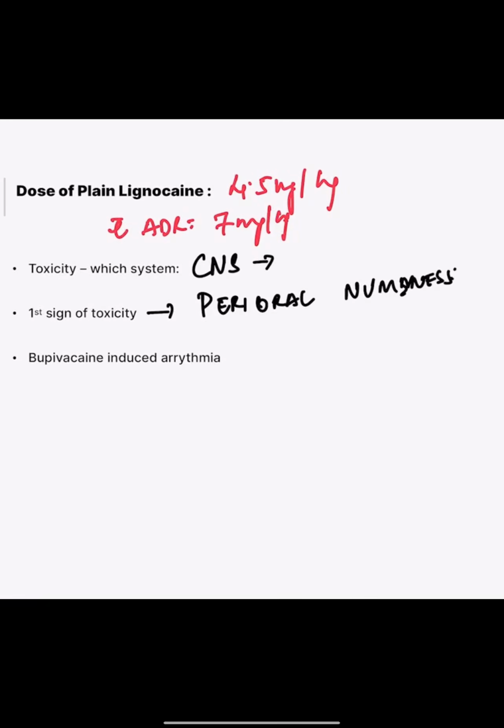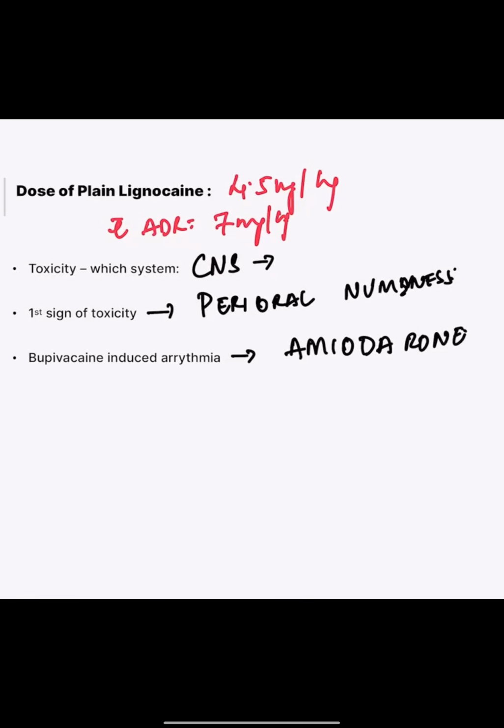But bupivacaine does no nonsense. If you give a high dose of bupivacaine, it will directly cause cardiotoxicity, producing arrhythmias and ultimately leading to cardiac arrest. So bupivacaine-induced arrhythmias are usually treated with amiodarone.